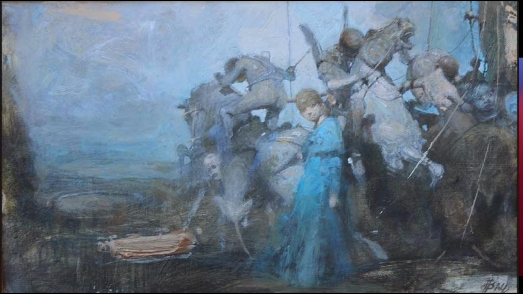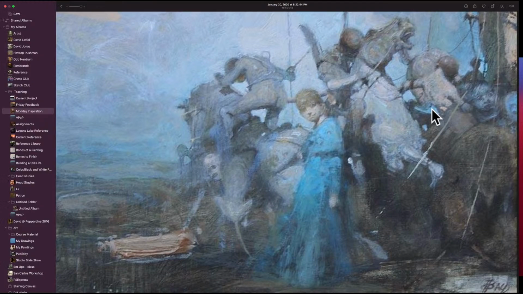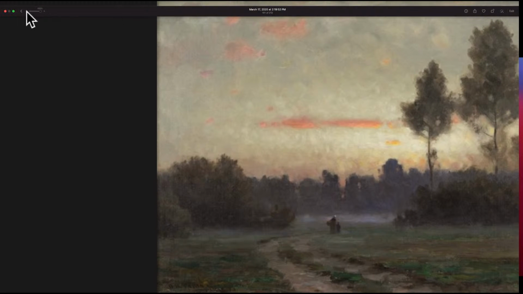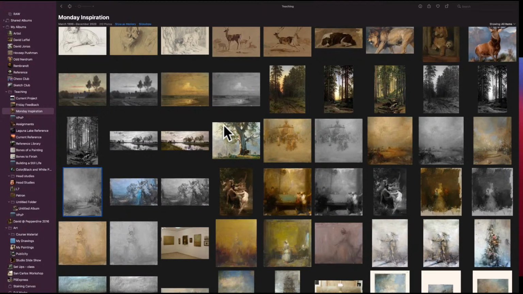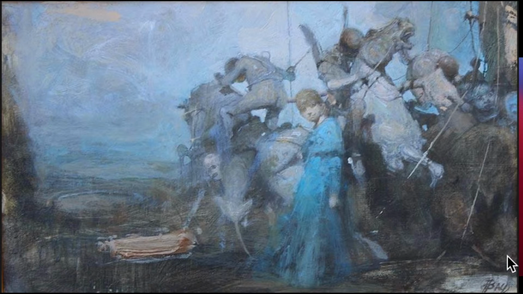Okay, so we looked at this one this morning and we talked about how somebody could put that thick piece of paint right there and it be balanced. How can they do that? Whoops, what happened there? Oh, somebody rebelled. Let's go back here. There we go.